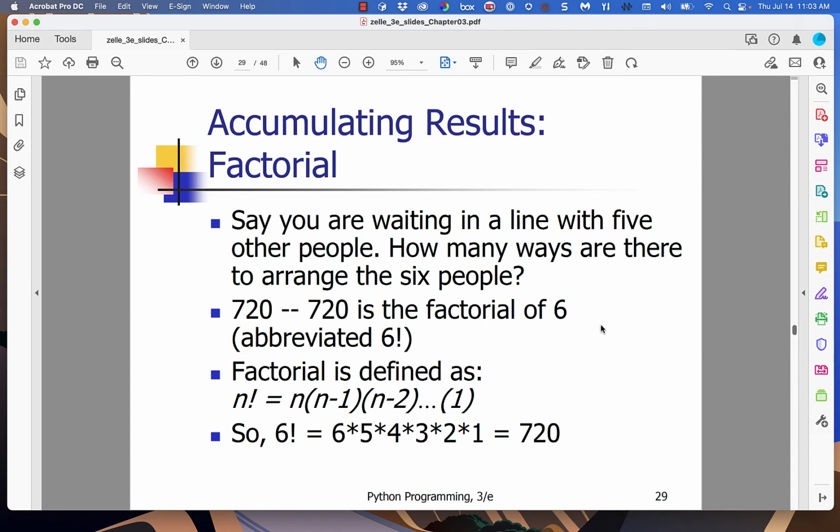What he wants to show us is that we can write a program with looping that can calculate the factorial of any integer. And he shows us that if we input a 6 to that program, when we write it, we will get the answer 720. And we'll see how that works.